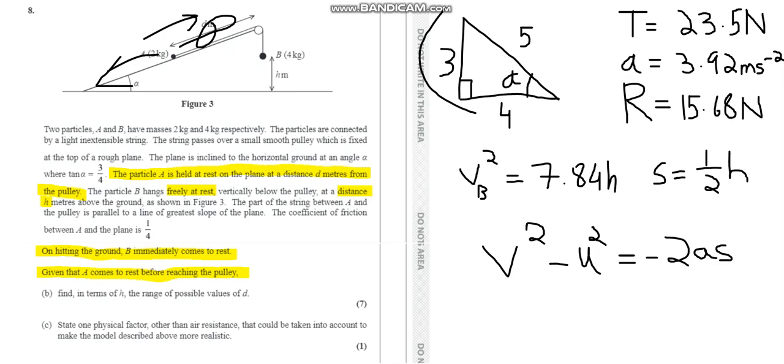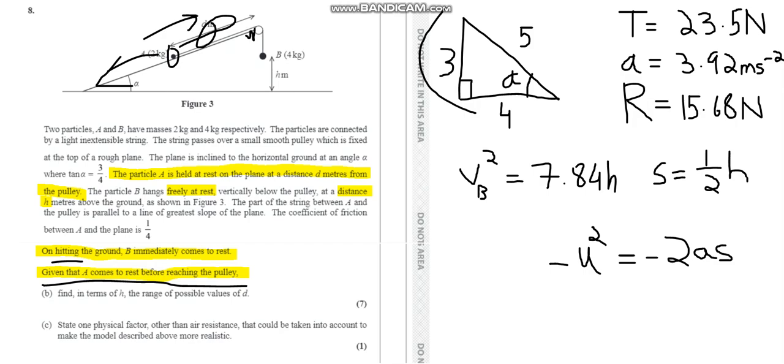So now what you can see is, if you see this line here, on hitting the ground, or you can say the given, that A comes to rest before reaching the pulley. So here is A, and it comes to rest somewhere here before reaching the pulley, which means that v square is equal to 0, or v equal to 0, and our u value is there.